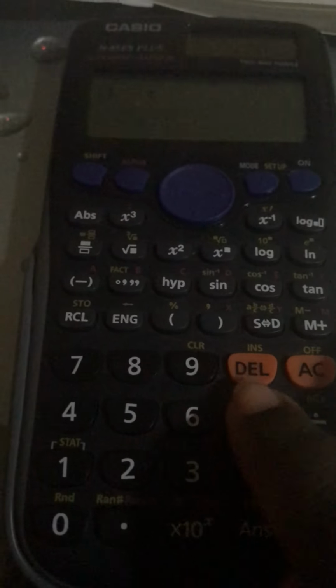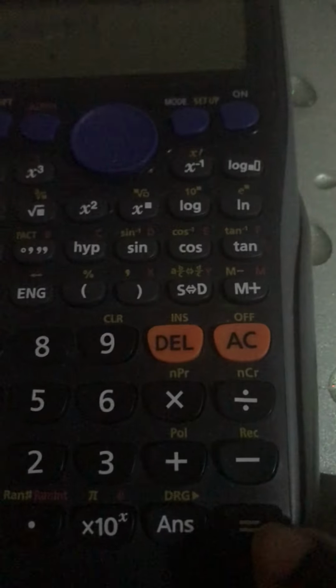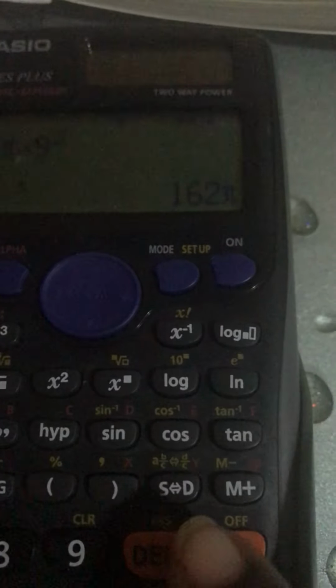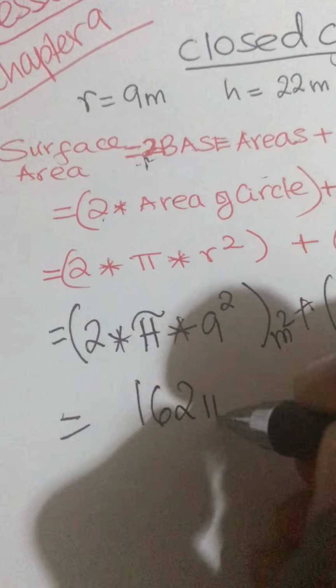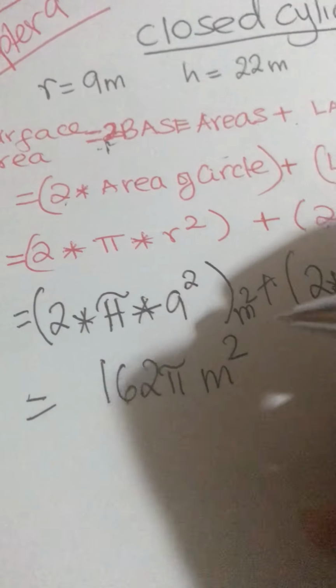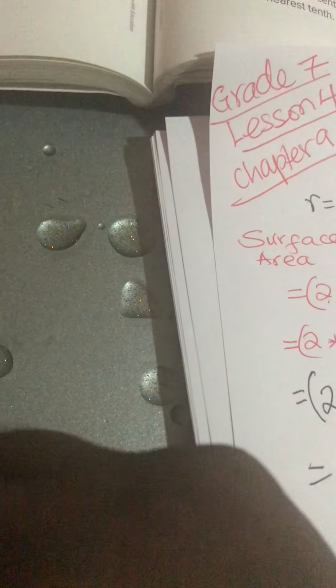So we will do 2 times shift pi times 9 squared. You get 162 pi. 162 pi meters squared. Plus, we do this part.